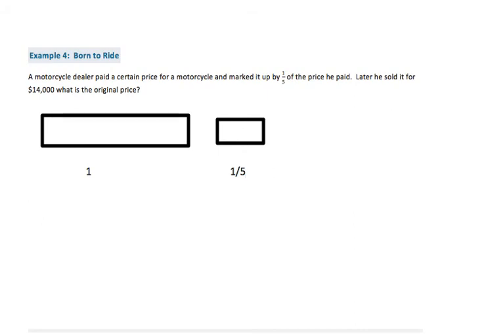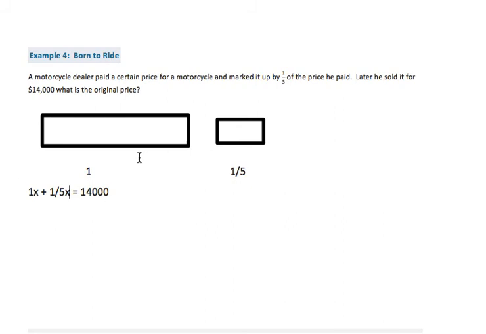this equation as 1 plus 1/5 equals $14,000. 1x, whatever that number is, plus 1/5 x equals $14,000.